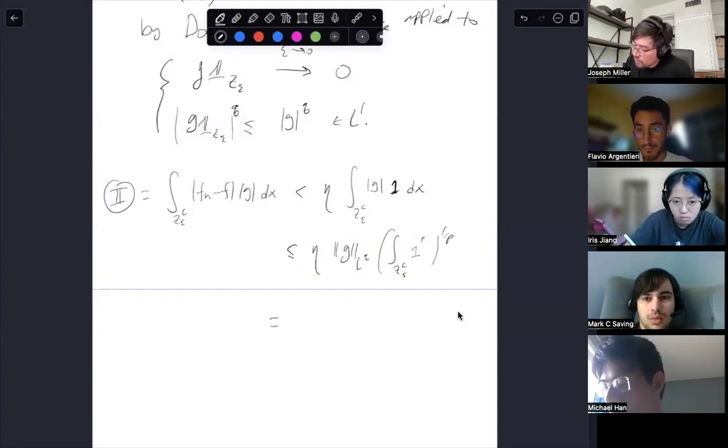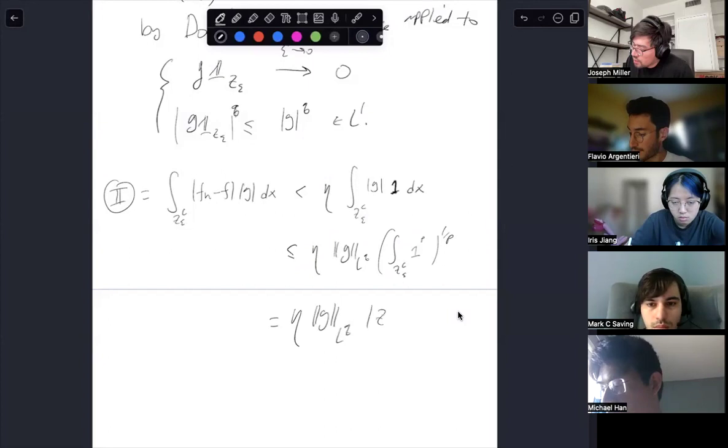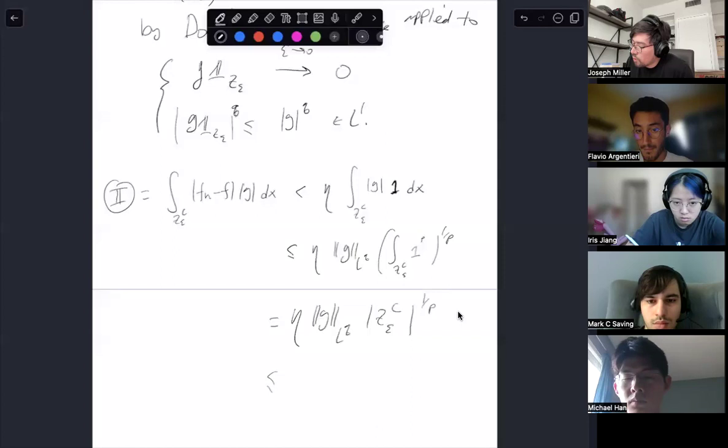So when I reduce this, this is going to be the norm of g in LQ times the measure of Z epsilon complement to the 1 over p, which is less than or equal to 1, since I know that this whole thing is in L1. So this is eta times the norm of g.